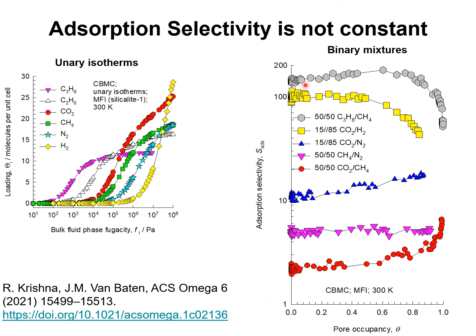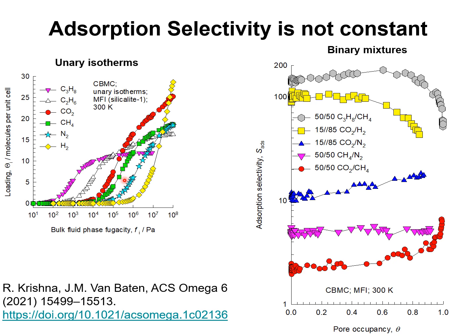Let's examine the data for 50-50 mixtures of propane and methane. The selectivity is constant for a range of occupancies, and beyond an occupancy of 0.6 decreases by about an order of magnitude.